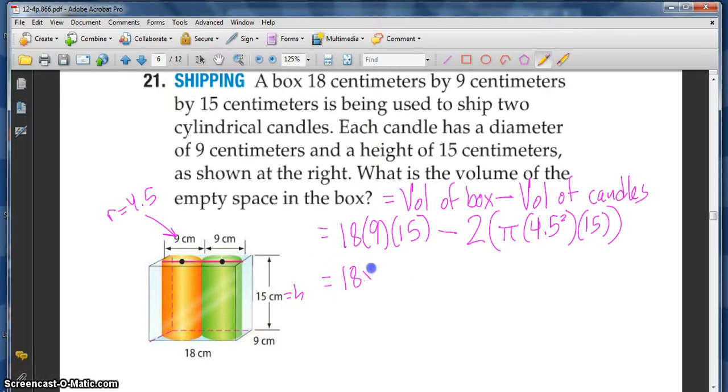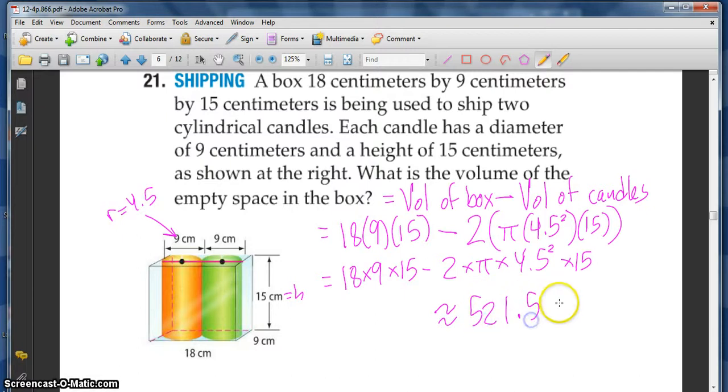So simply take 18 times 9 times 15 minus 2 times pi times 4.5 squared times 15, and this should give you an answer of approximately 521.5 cubic centimeters, and that is the volume that is left over.